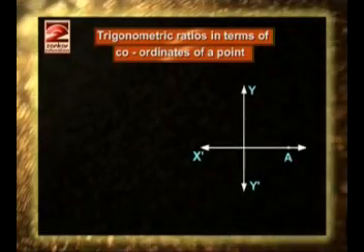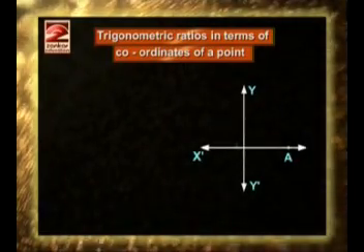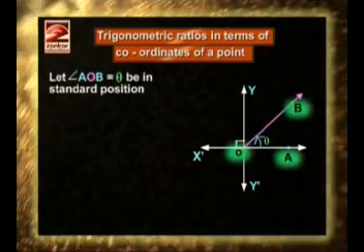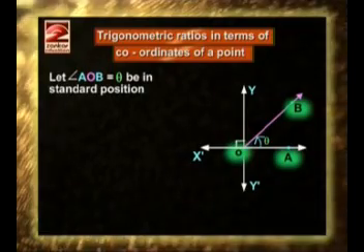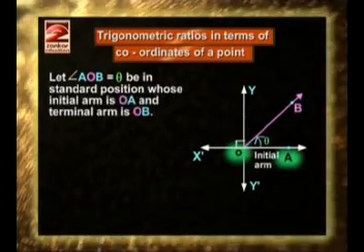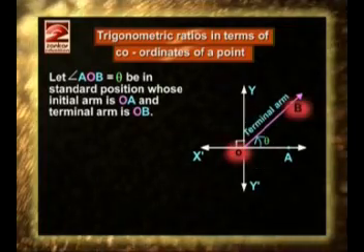Now this is the x-axis and this is the y-axis. It is the origin O. Let angle AOB equal theta be in standard position. Its initial arm is OA and the terminal arm is OB.